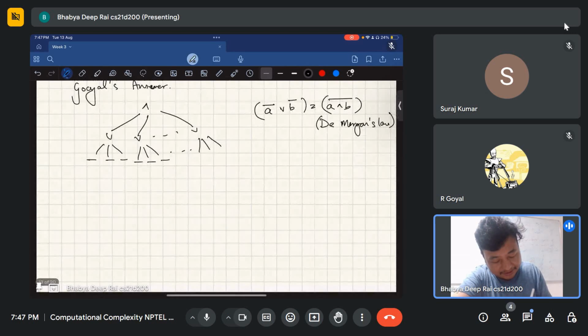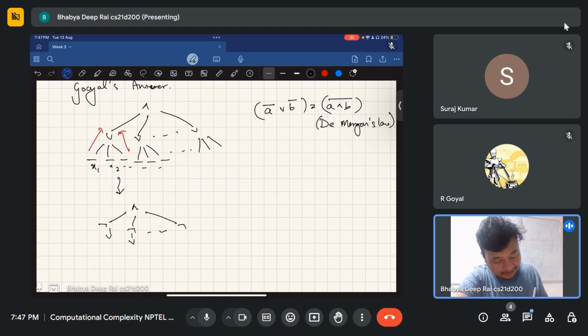Now once I push the negation gates upwards, using De Morgan's law, it becomes negation of or, negation of or, and so on till negation of ands.